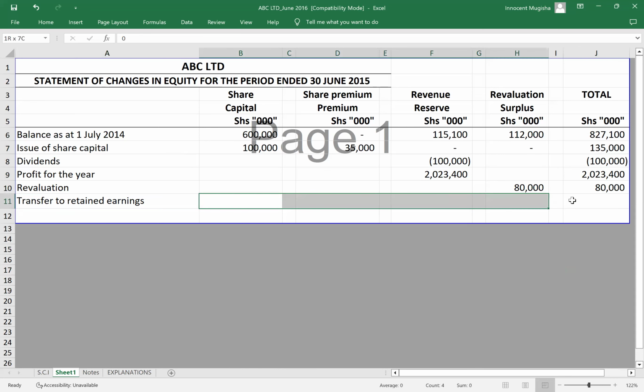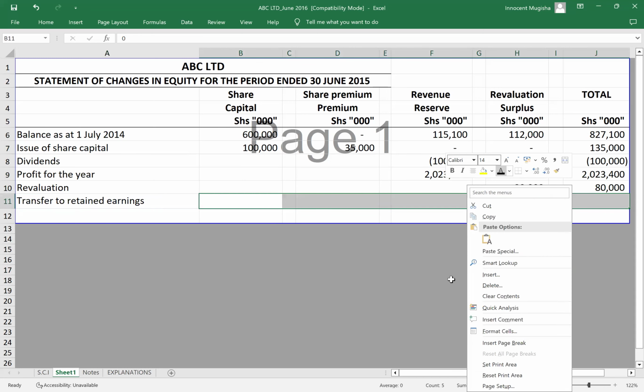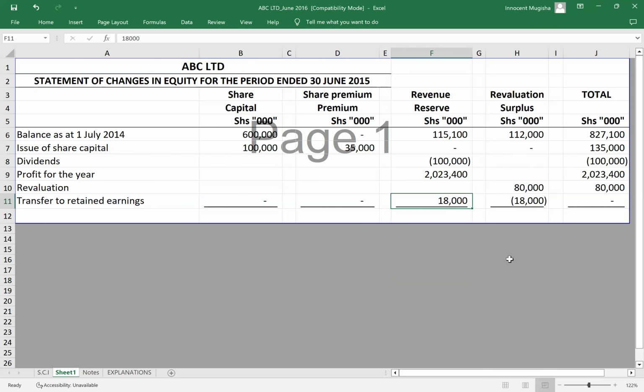Remember the other item that was disposed of. So we had to transfer the 8 million that was the revaluation surplus of that property from revaluation surplus to the revenue reserve. At the end of the day, we have our balances carried forward on the statement of changes in equity as per our statement here.